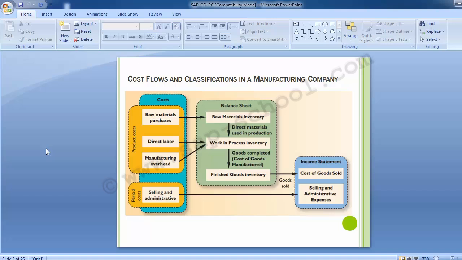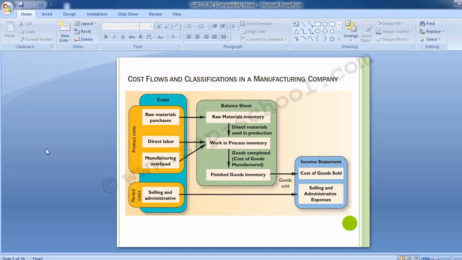For manufactured goods, these costs consist of direct material, direct labor, and manufacturing overhead. It will be helpful at this point to look briefly at the flow of cost in a manufacturing company on the diagram. This will help us understand how a product cost moves through the various accounts and how they affect the balance sheet and the income statement of the entity.